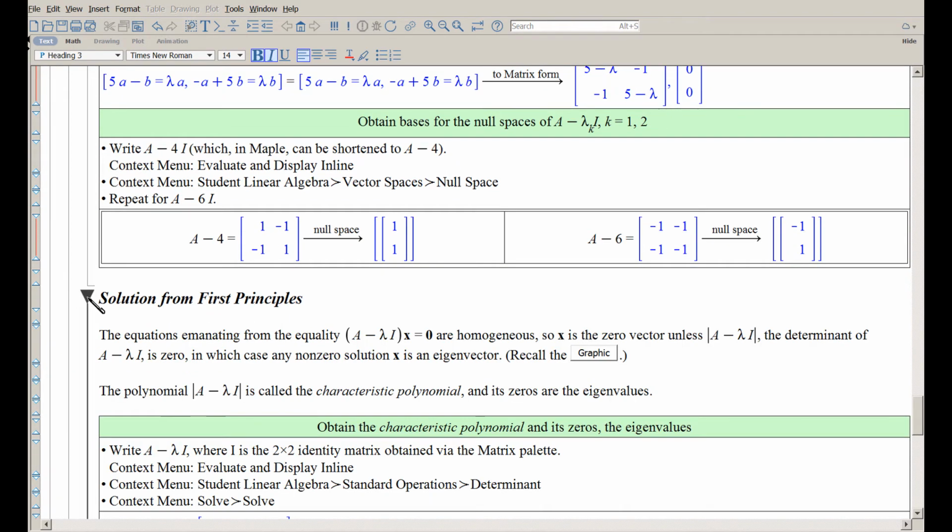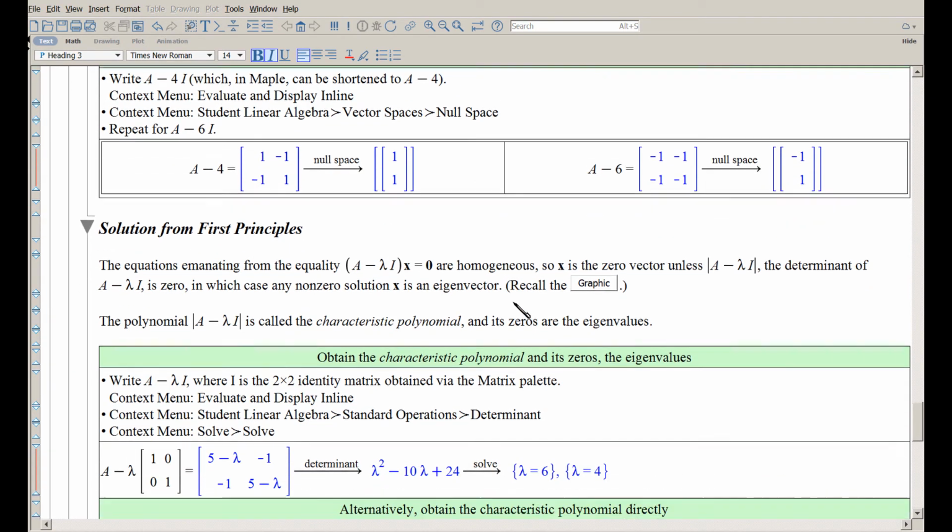And finally, you get down to the computations that typically the textbook that the student is learning from will advocate, and it's useful to see in Maple what some of these steps are.